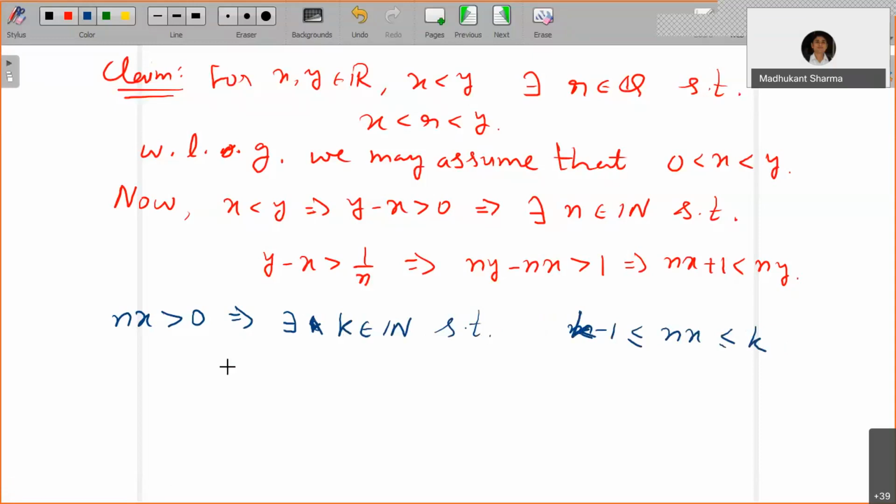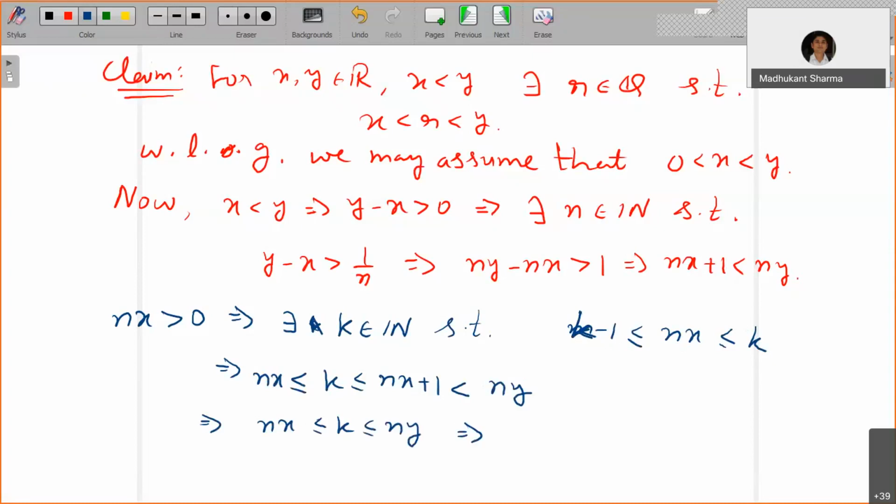Now this implies k is less than or equal to nx plus 1, right? k minus 1 is less than or equal to nx, so k is less than or equal to nx plus 1, which is less than ny, and k is greater than or equal to nx. So this implies nx is less than or equal to k less than or equal to ny.